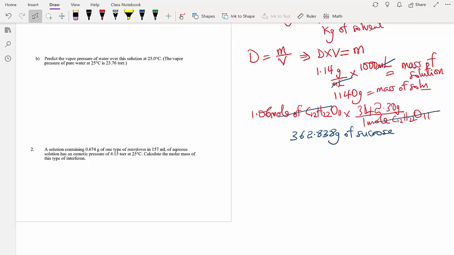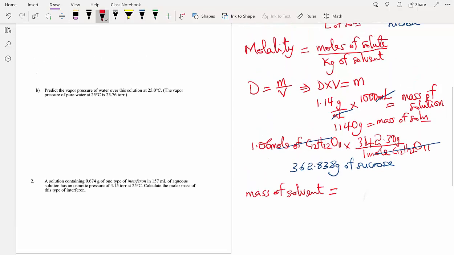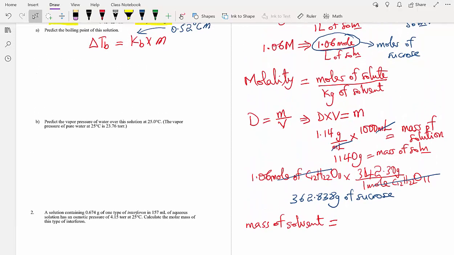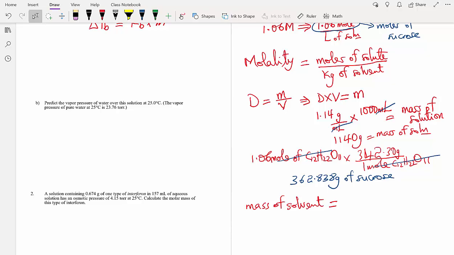With that known, we can now find the mass of the solvent. The mass of the solvent, which in this case is water, will be equal to the mass of the solution, which we already calculated as 1140 grams.